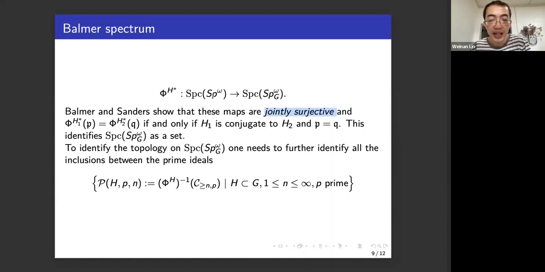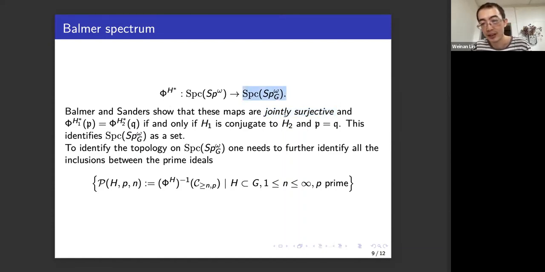It means that you consider all of them, and then you consider the union of all the images, and they cover the whole thing. That's great, right? That shows you what the set is.